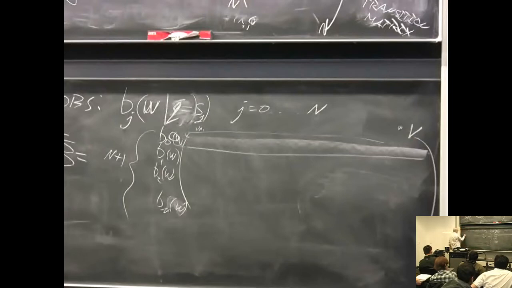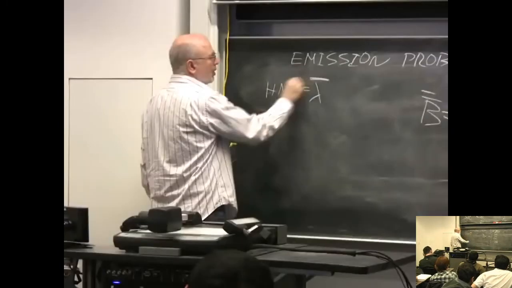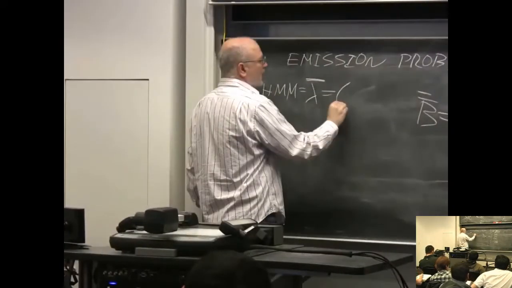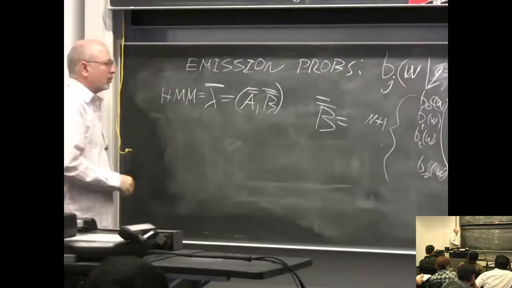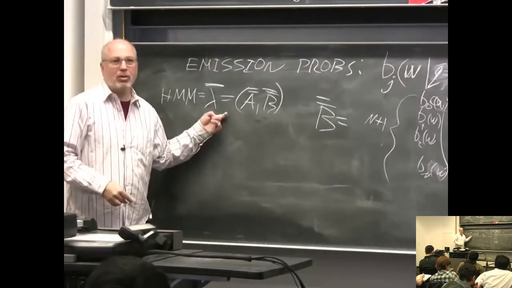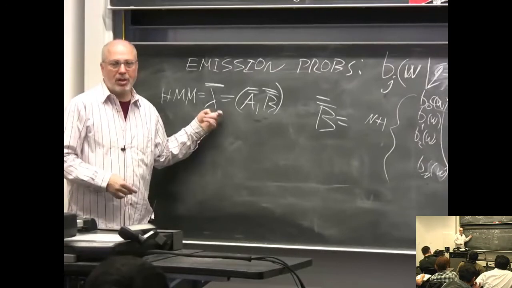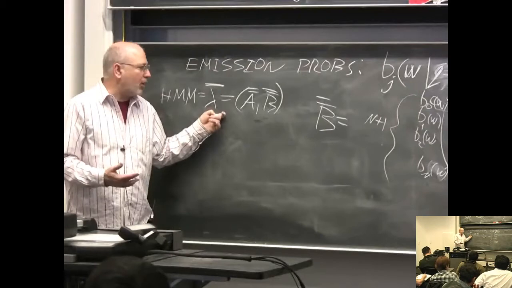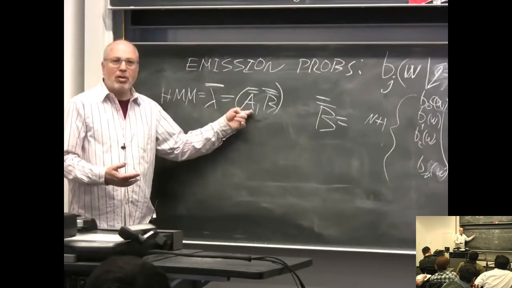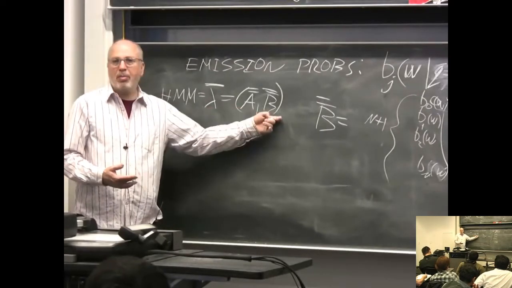So the HMM, the hidden Markov model, consists of the parameterization lambda, which consists of these two components, A and B. A and B together we call lambda. This captures all the parameters together, but really the parameters are the transition matrix and the emission matrix.